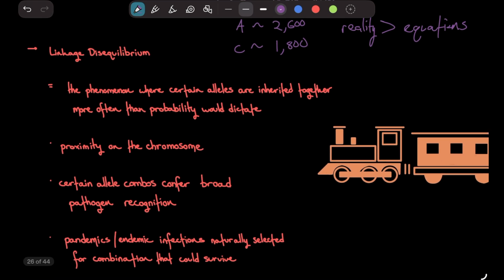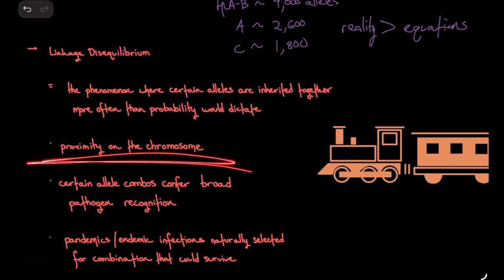Two things to think about. The proximity on a chromosome, so the likelihood of two chunks to get inherited with one another. If A31 and B32 are close to one another, just in space, they'll get inherited together. So we'll typically see certain A and B combinations or certain B and C combinations just because they're close by.